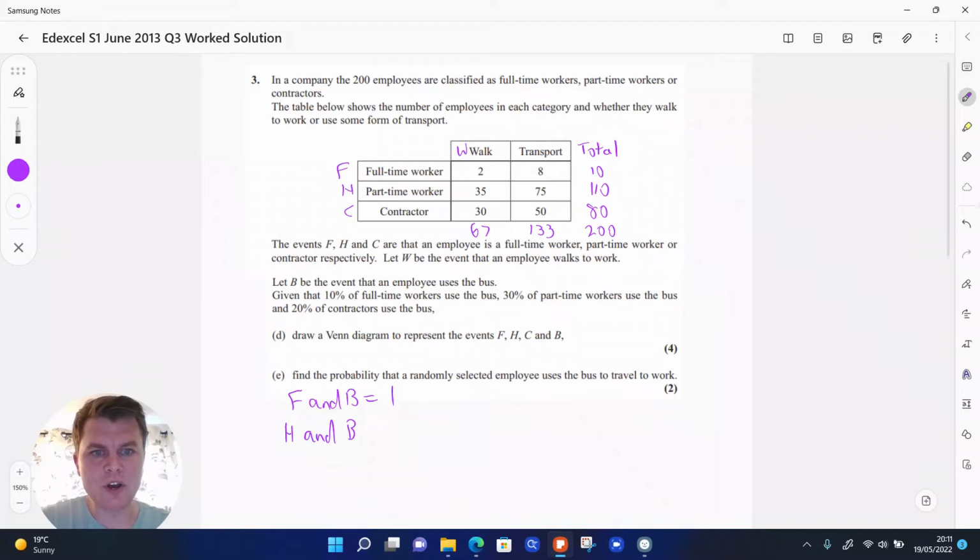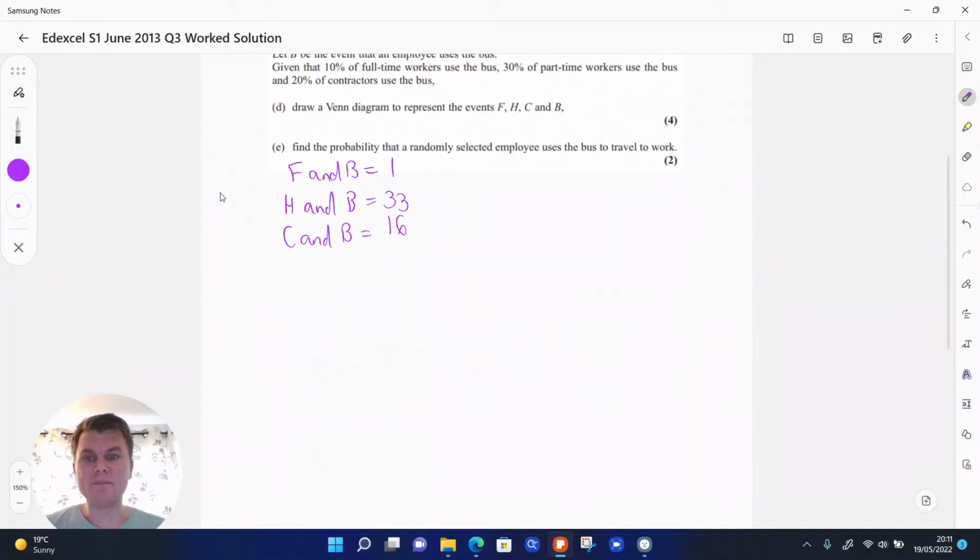We're told that part-time workers, it's 30%, so 30% of 110 is 33. And we also want to know contractors and bus. That is 20% of 80, and that's 16. Okay, so we're going to need those numbers when doing our Venn diagram.